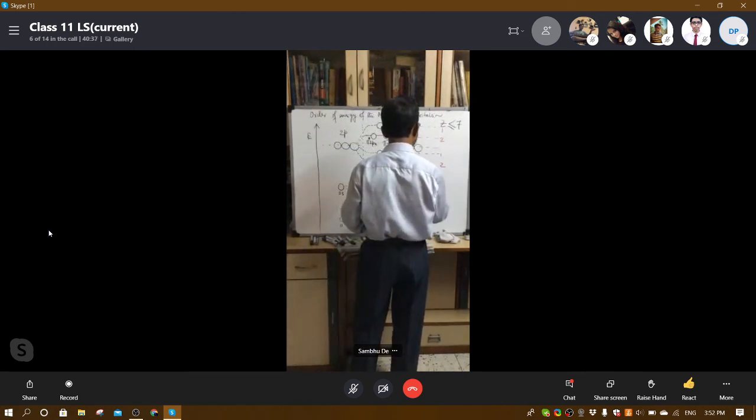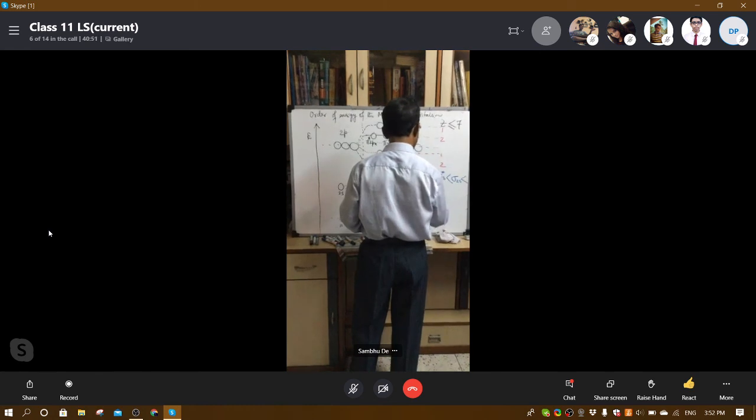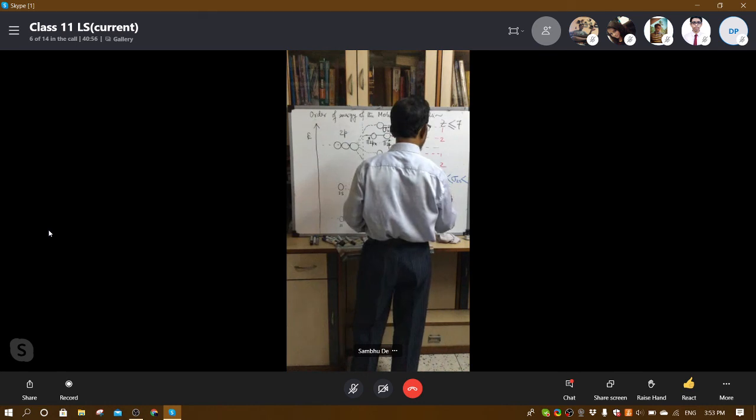Sigma 1s less than sigma star 1s less than sigma 2s less than sigma star 2s less than, we write 2p, sorry, pi 2px, pi 2py.